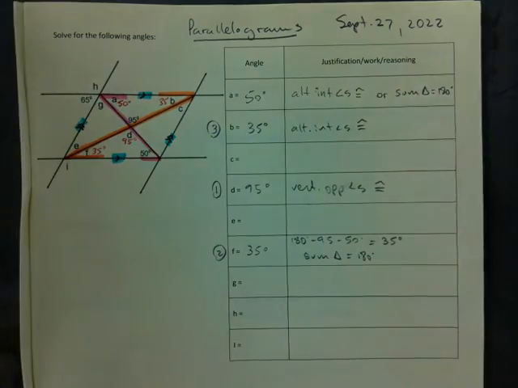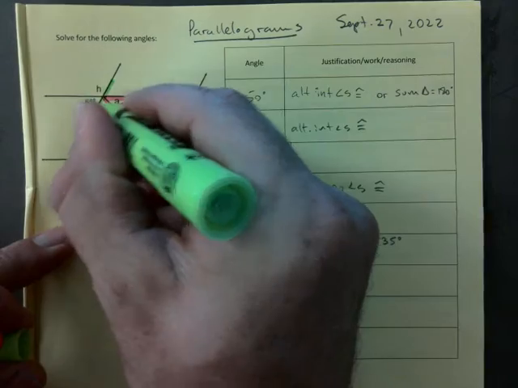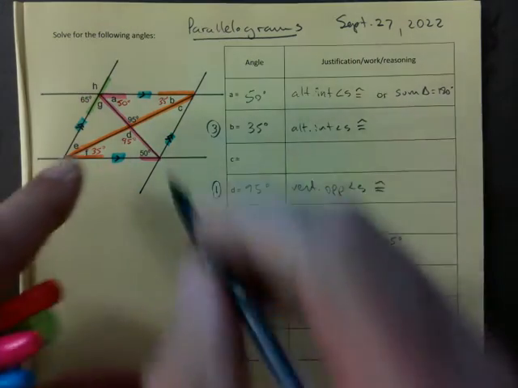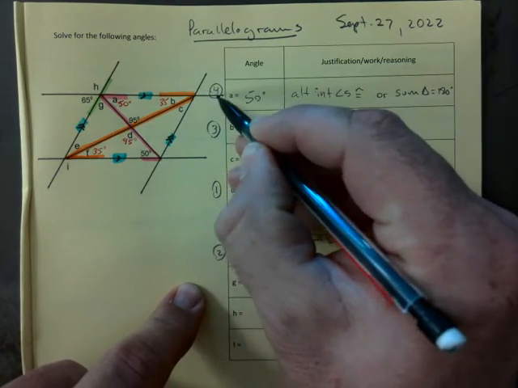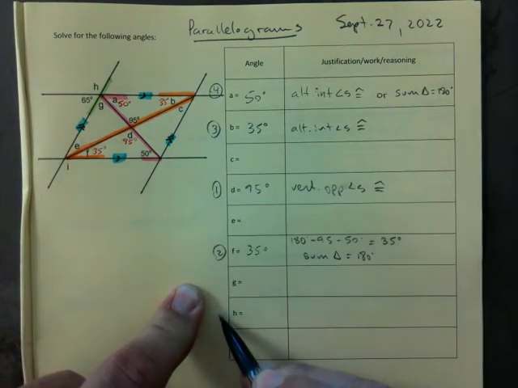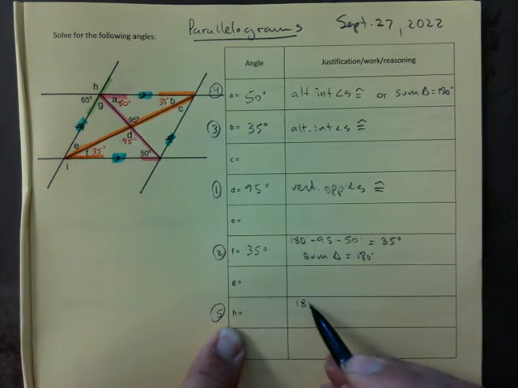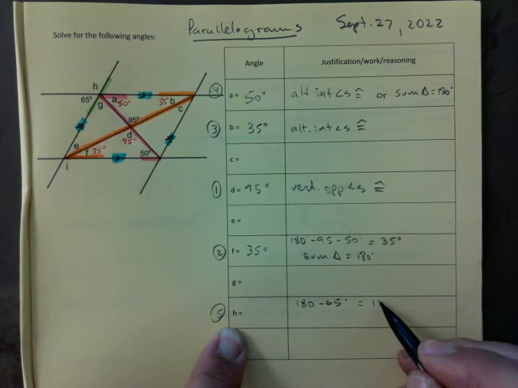Straight, yeah. Need another highlighter. So I'm going to focus on this straight line, right? H and 65 are right along that straight line. So H, where are you? Okay, and so that's 180 minus 65, and that's 115.